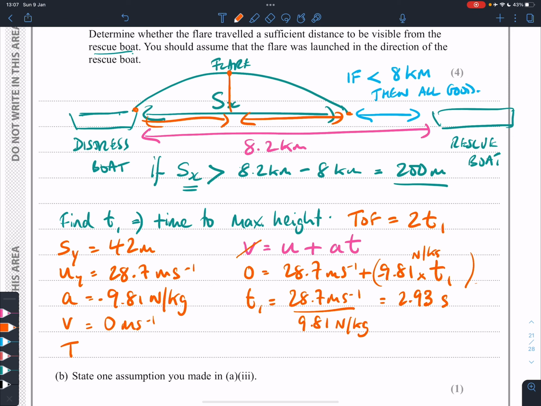So the overall time of flight is equal to double that, which equals 5.85 seconds.